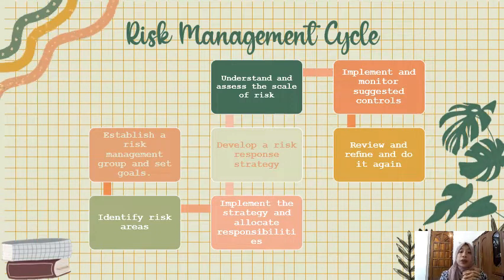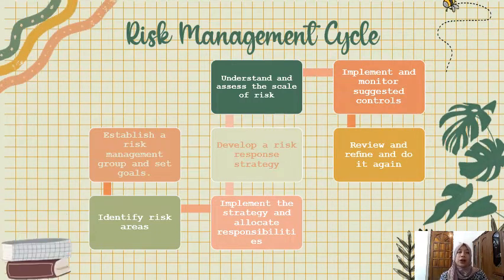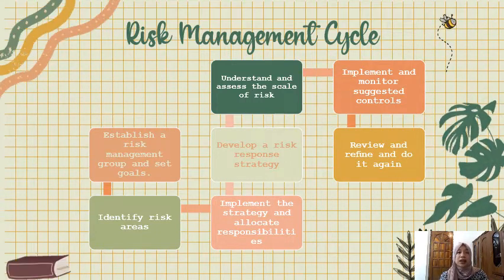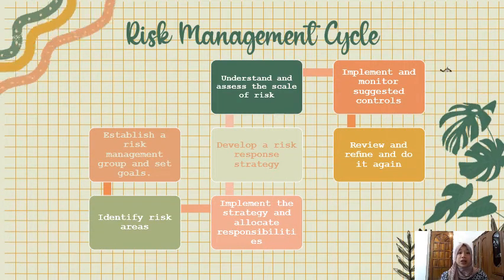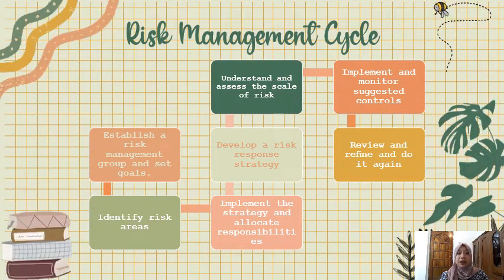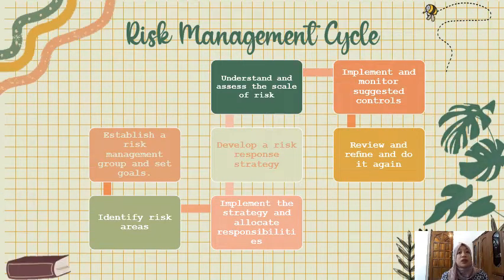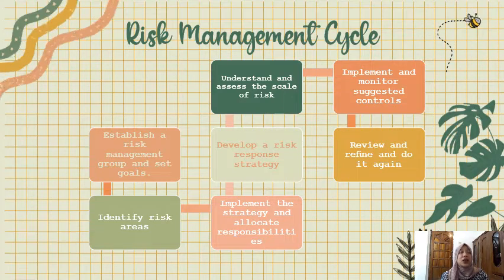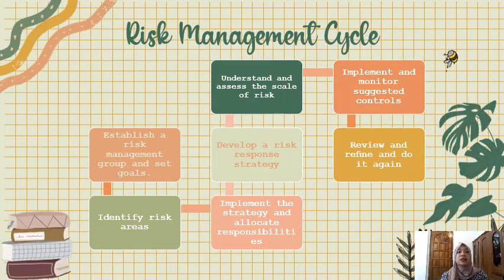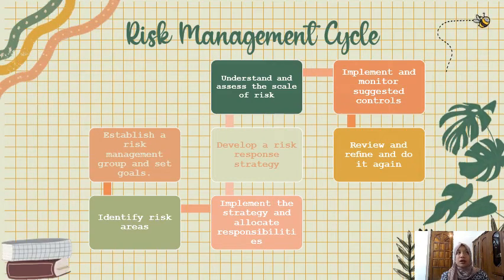Before the strategies are developed, it is necessary to establish the risk appetite of the organization. When we say risk appetite, it is the level of risk that the organization is prepared to accept, and this should be determined by the board.